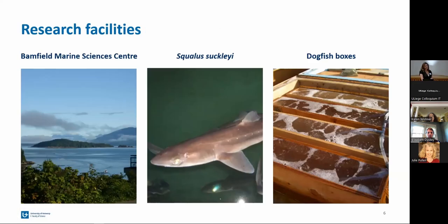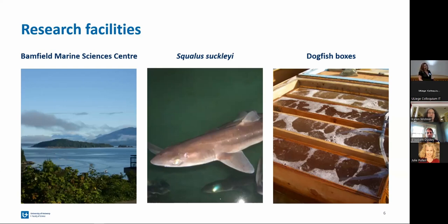So the good thing about working with shark, if you live in Belgium, is that you get to go to other places. Not that we don't have sharks on our 60-kilometer stretch of coastline, but there's many more in other places in the world. So this research has been done in Bamfield Marine Science Center, which is on the west coast of Vancouver Island.